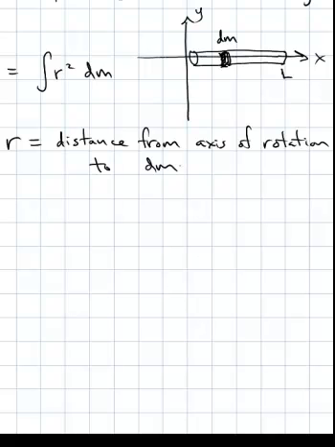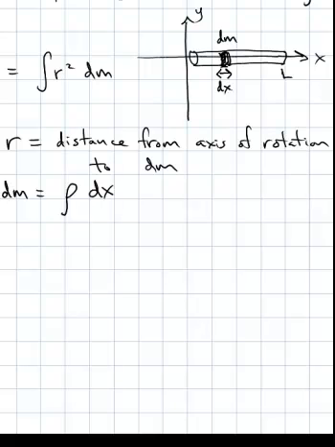And dm, we've talked about in an earlier video, that's our density multiplied by the length. In this case it's a one-dimensional object, so our length of that is dx. So rho dx.